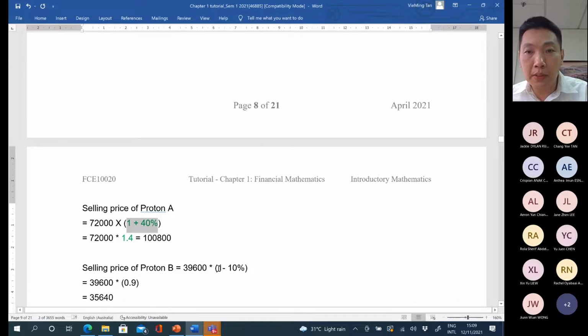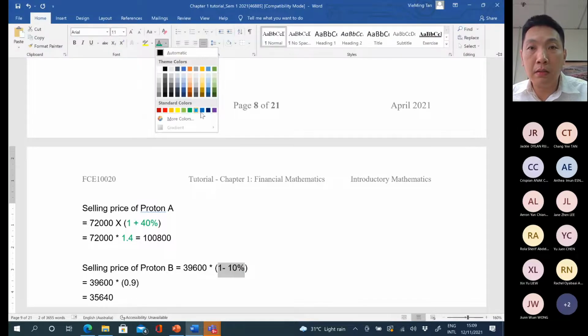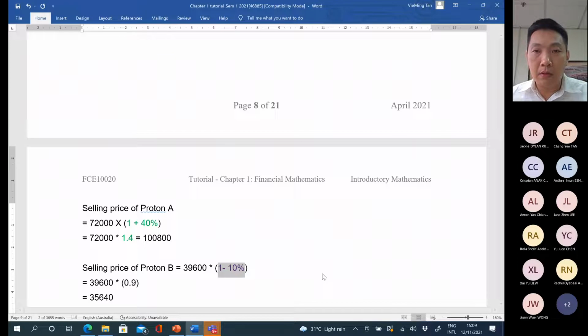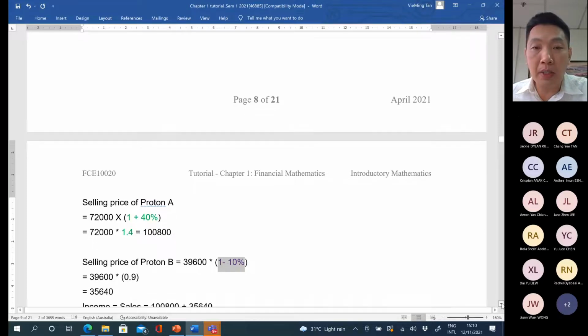This one I use 1 minus, in purple color. So 1 minus 10% means 1 minus 0.1, so you'll get 0.9. Then you multiply 0.9 with the cost price of Proton B, which is equal to this value. This is the selling price for Proton B.